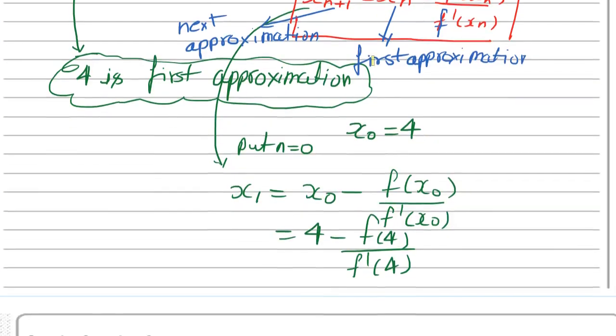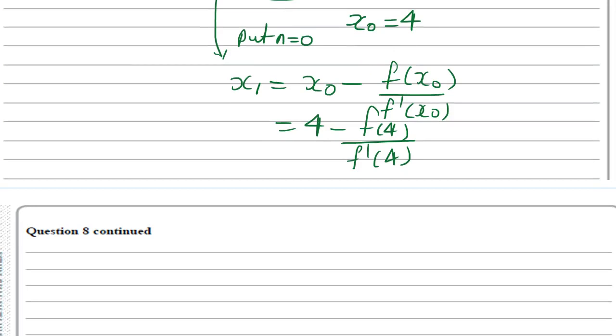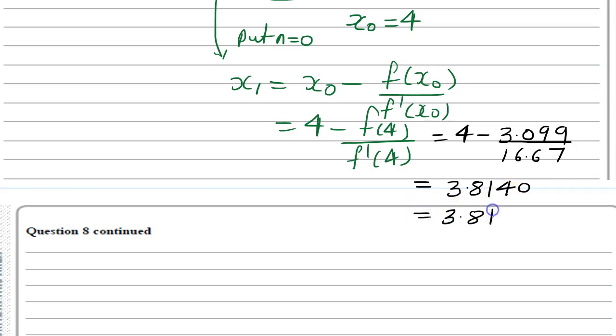Just plug in all these values: 4 minus 3.099 divided by 16.67. Put this in a calculator and you get 3.8140, something like that. Let's round it off, so it will be 3.81.